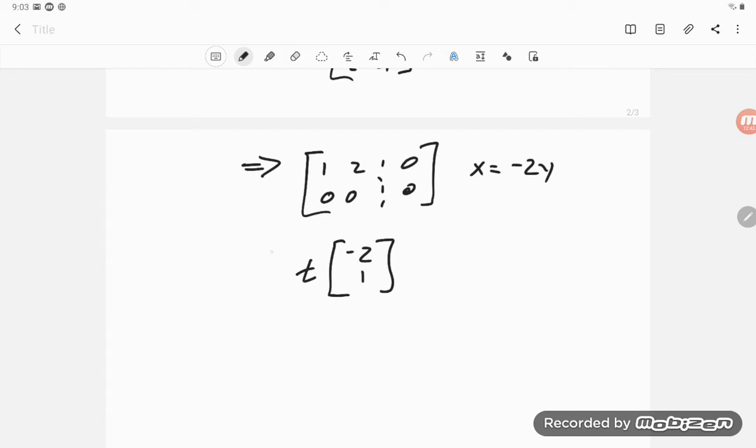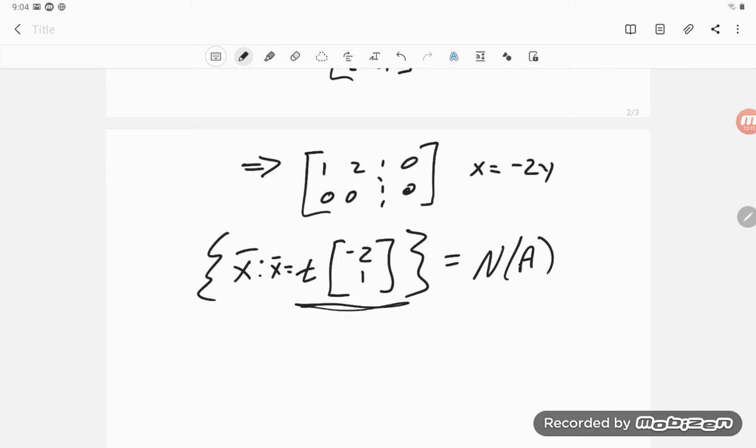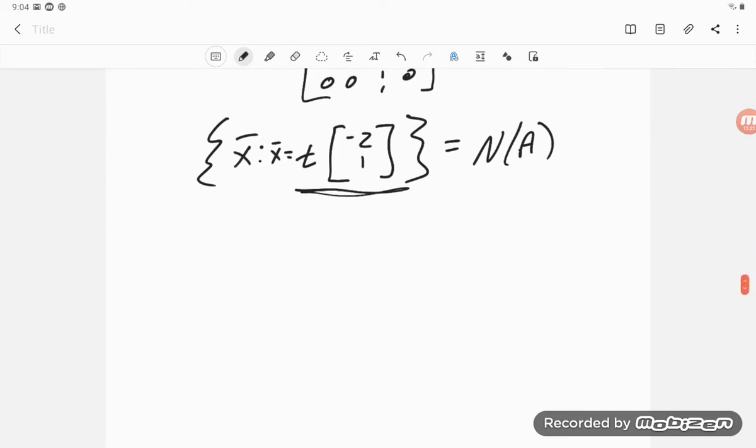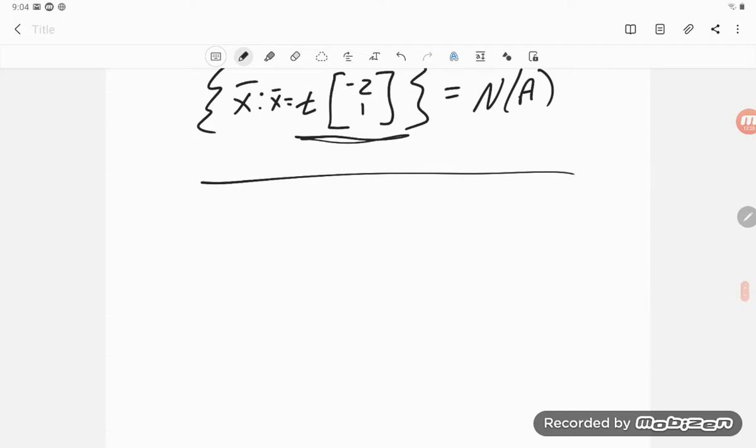But this, the set of x such that x equals t times this vector -2, 1, that is my set S, or actually better yet, N of A. Okay, that's everything that satisfies that subset. So I've got my null space of A that way. Whew. Okay, let's keep going.